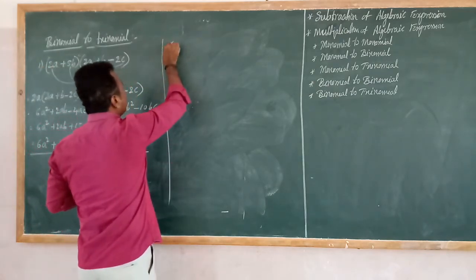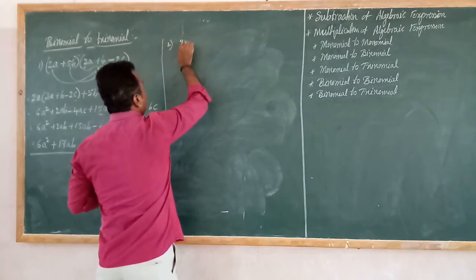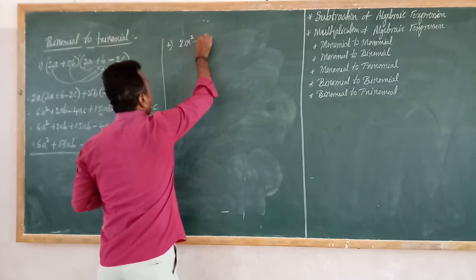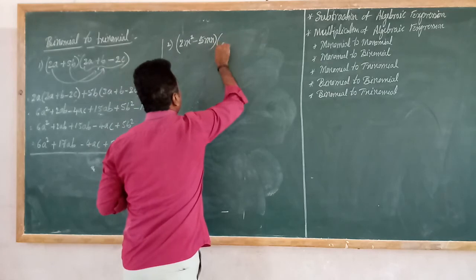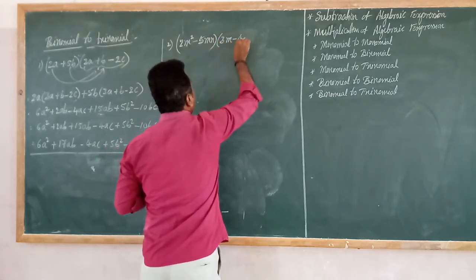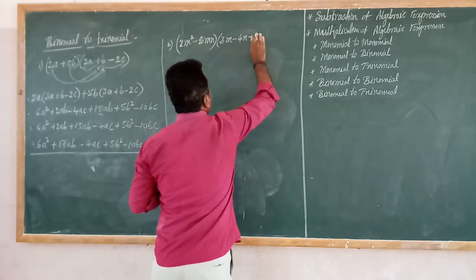The last example. 2m square minus 5mn into 3m minus 4n plus 2mn.